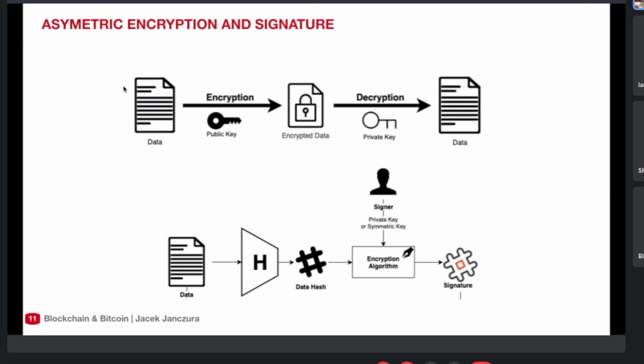Here are some simplifications, of course, because I don't have time to explain this. But with symmetric encryption, we've got just one key which allows me to encrypt and decrypt the data. In the case of asymmetric encryption, we use one key to encrypt the data and the other key to decrypt the data.